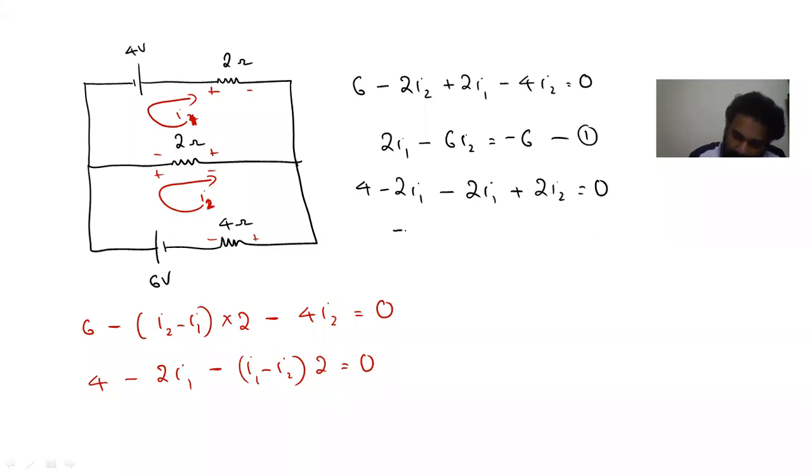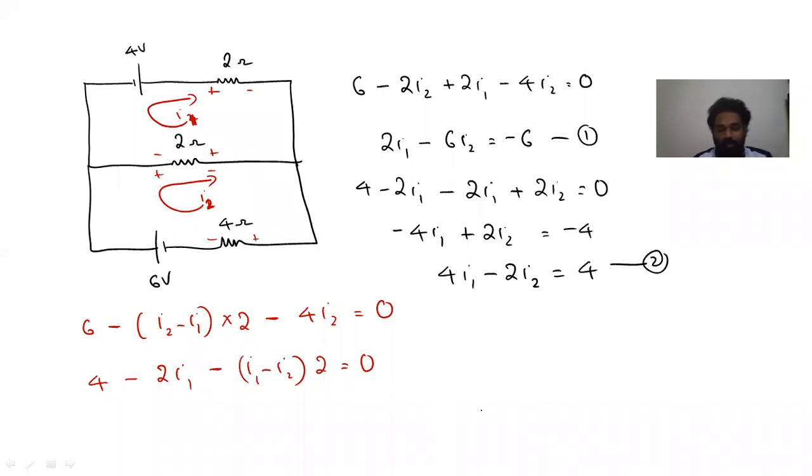This is going to be minus 4 I1 plus 2 I2 is equal to minus 4. So this can be made like 4 I1 minus 2 I2 is equal to 4. This is equation number 2. If you solve these two equations, we will be getting I1 and I2 just like the previous problem.